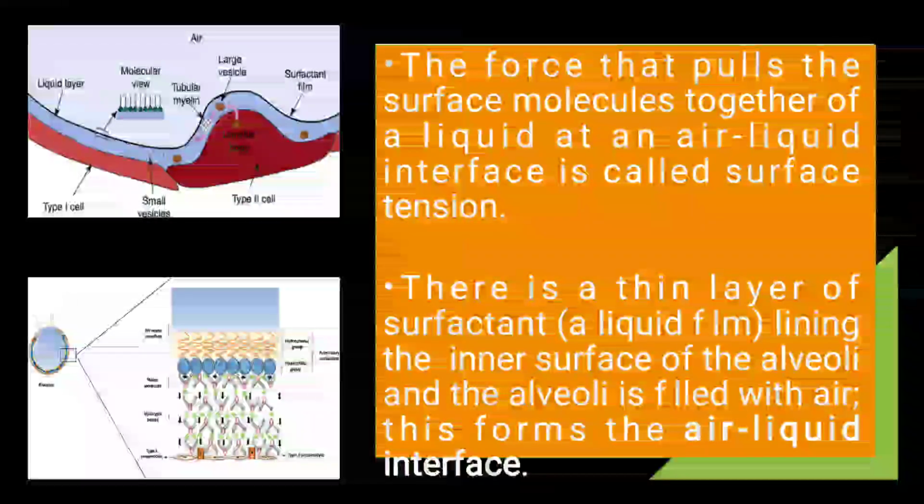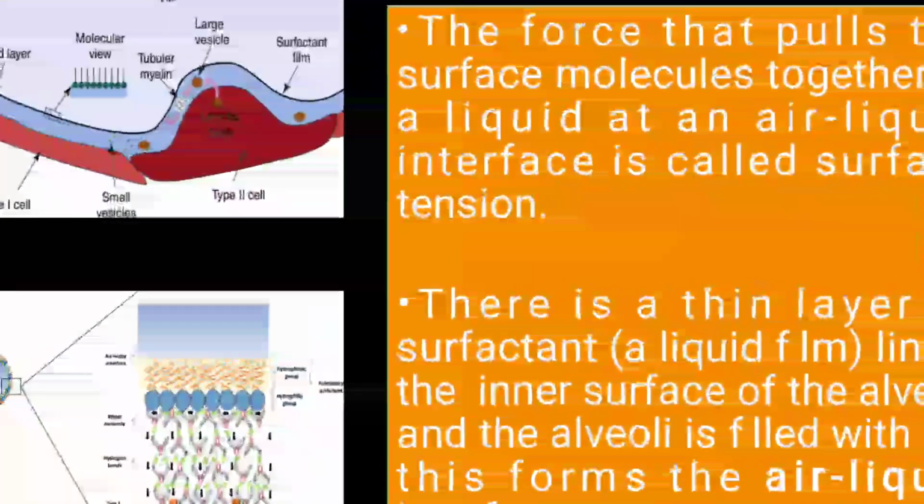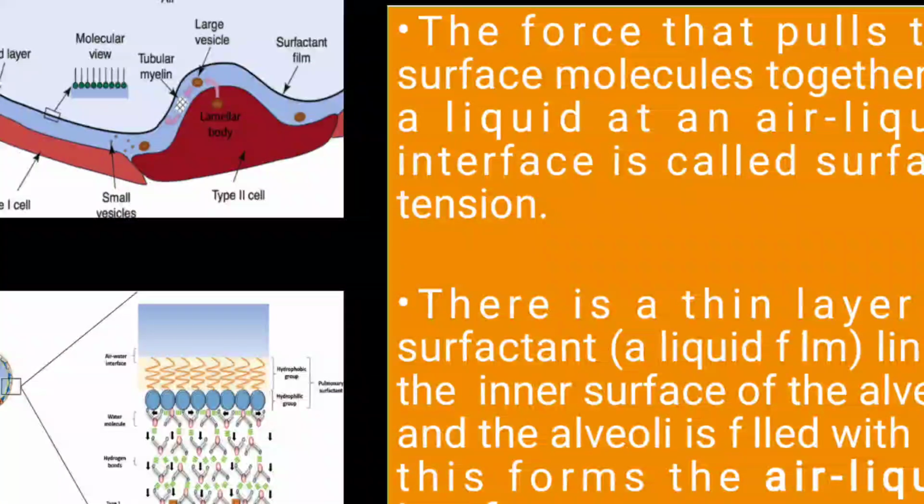From the left-hand picture you can see that there is a fluid lining inside the lung, and this fluid lining creates an air water interface, which creates the surface tension, because at the air water interface of the alveoli, water molecules are strongly attracted to one another rather than to air molecules. The surface tension at the air liquid interface in the lung alveoli is the major factor that influences lung compliance. In fact, it accounts for more than half of the elastic recoil of the lungs.